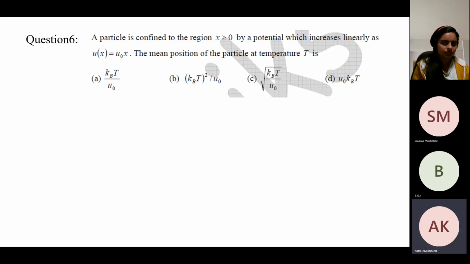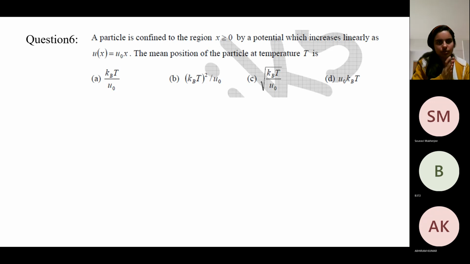I just use the u naught x in the probability distribution, I think. No, you have to use the expression of u naught x in the probability distribution. I am saying you have the probability distribution. Think that you have already got it. How do you find the mean position?